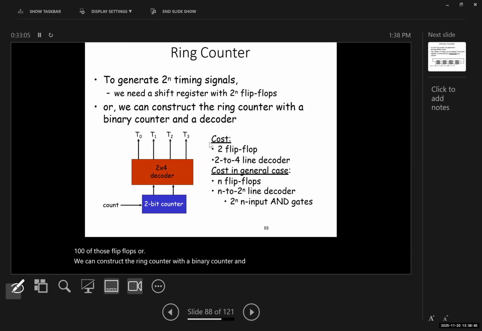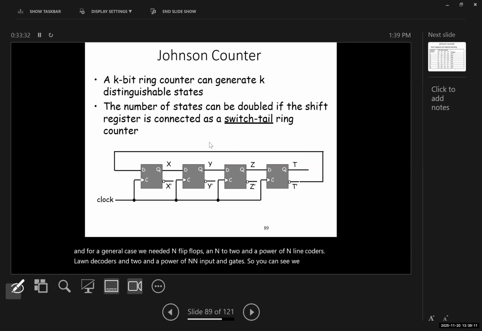So another way to overcome this problem is using a decoder. Now the cost: 2 flip-flops and a 2-to-4 line decoder. And for a general case, we need n flip-flops, an n-to-2^n line decoder, and 2^n input AND gates. So you can see we can significantly reduce the number of gates that we need.